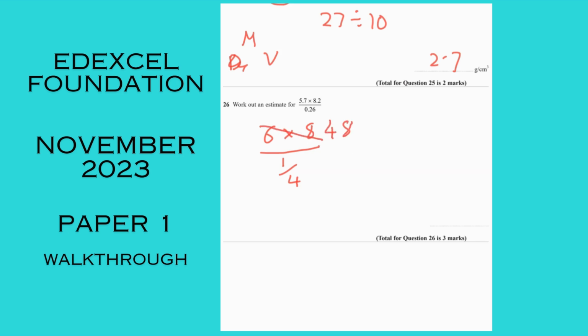Now don't forget, when you divide by a half, you might as well multiply by 2. So when you divide by a quarter, you might as well multiply by 4. So I'm getting 192. The mark scheme allows anything between 160 and 200 inclusive.